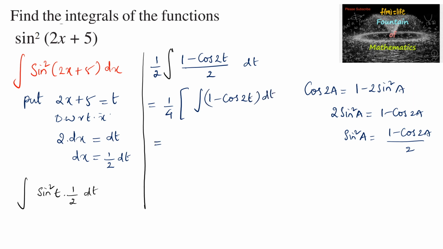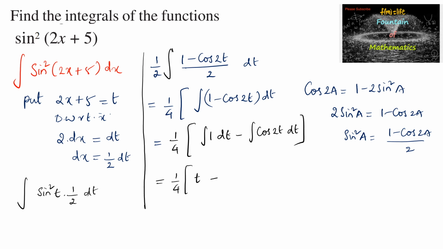which is equal to 1 by 4 times integration of 1 dt minus integral of cos 2t dt. So 1 by 4 times of integration of 1 dt is t minus integration of cos is sine, so we can write sine 2t divided by 2 plus integral constant c.